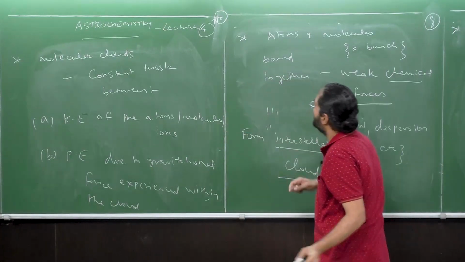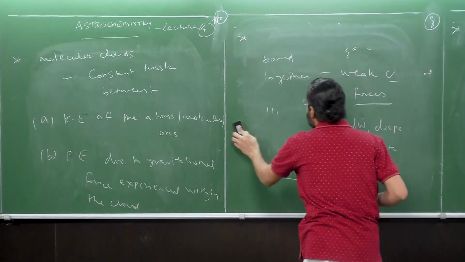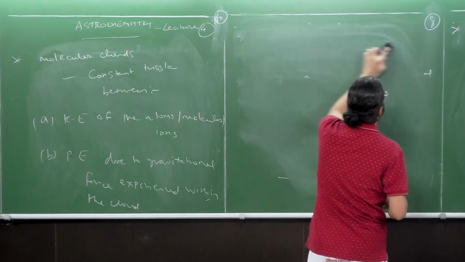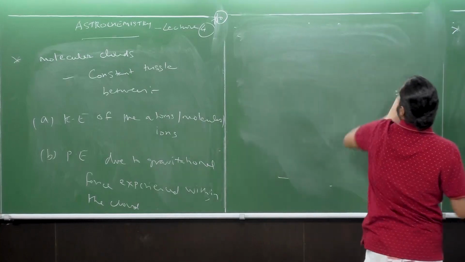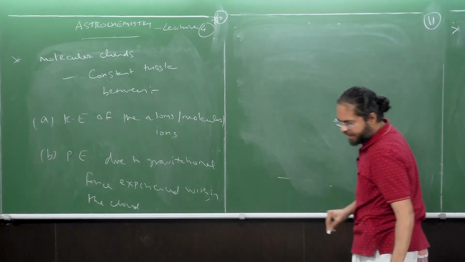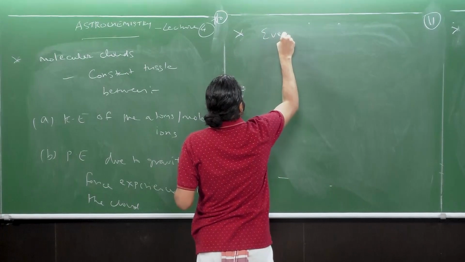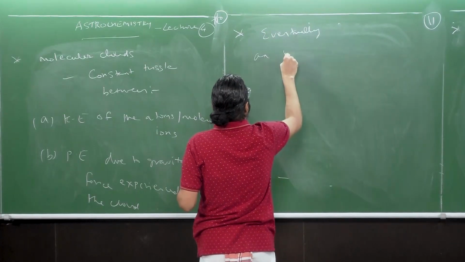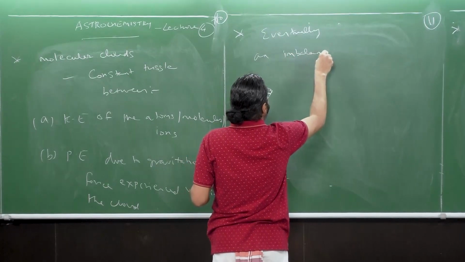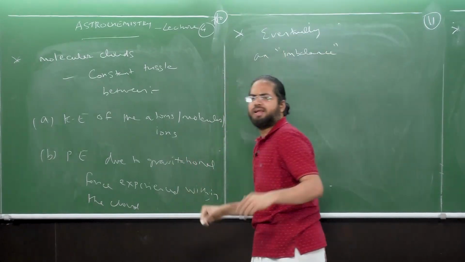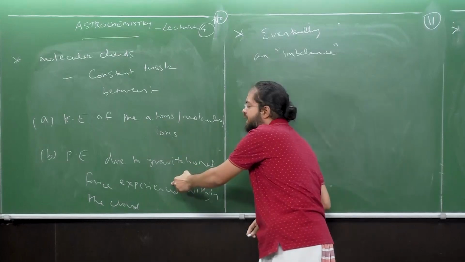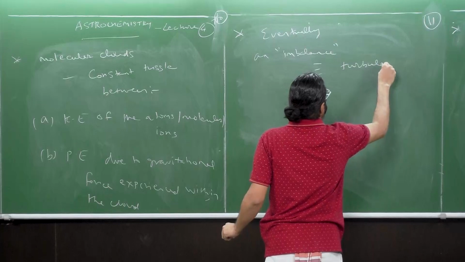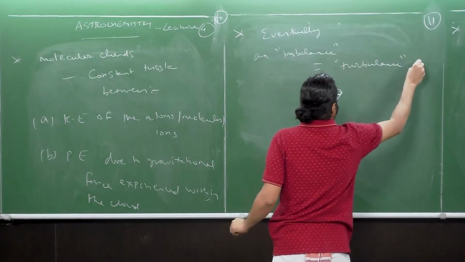Now, eventually, an imbalance between the two. I'm not describing what sort of an imbalance, I'm not even writing any equation, but eventually an imbalance between the kinetic energy and potential energy results in what is called turbulence in a molecular cloud.